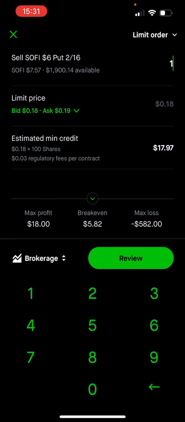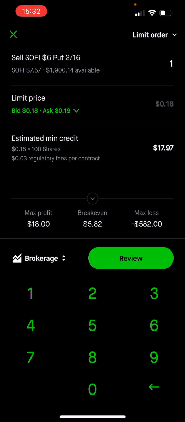Now, as a rule of thumb, if SoFi was a stock that I was thinking more long-term about, and I was looking at the $6 cash secured put, I would only do 25% of how much I wanted to buy into the stock for the cash secured puts.